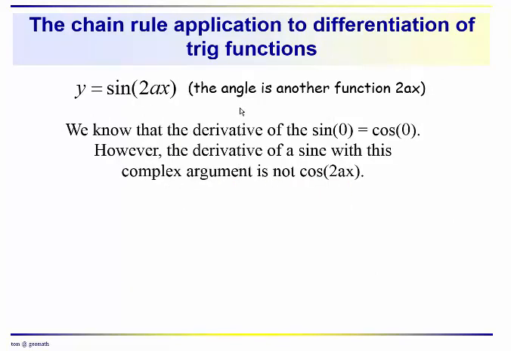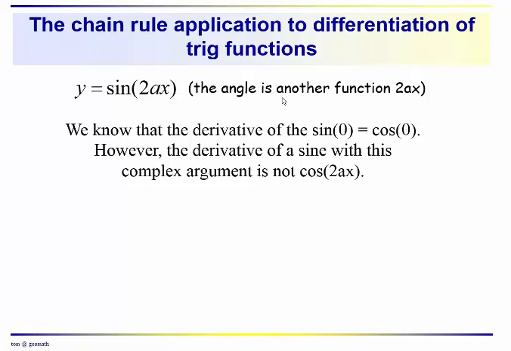So now if we apply the chain rule to the differentiation of trig functions, it's the same idea. We know that the derivative of the sine is just going to be the cosine, but we have a complicated argument here.